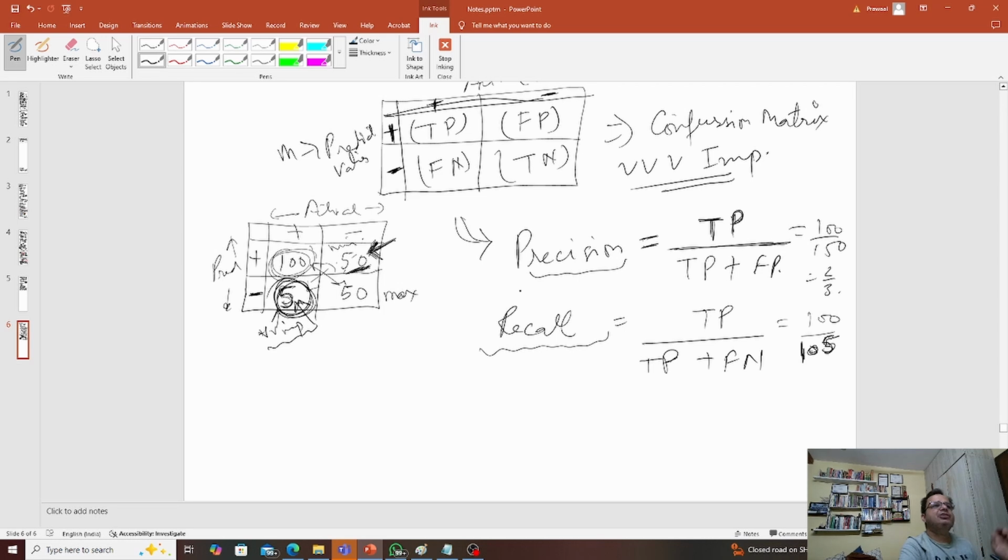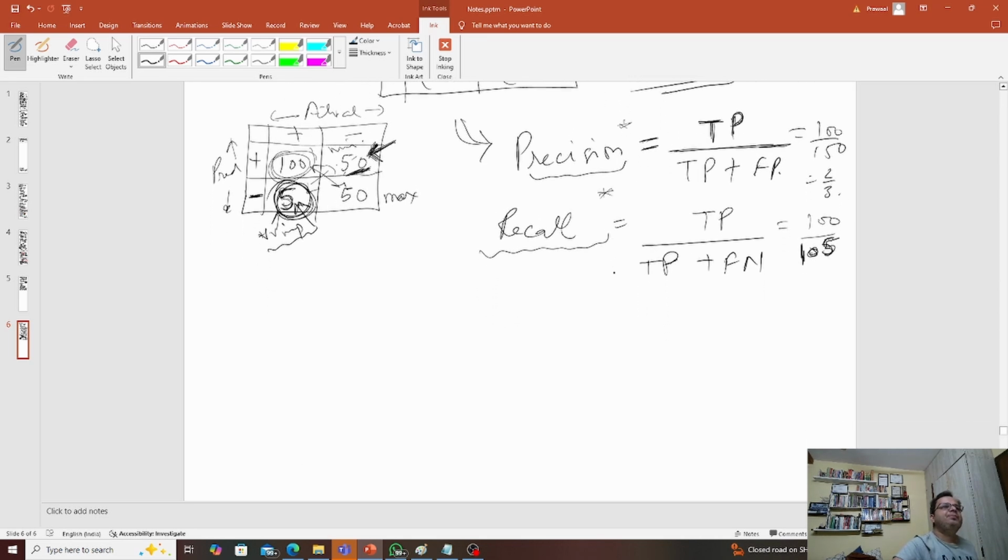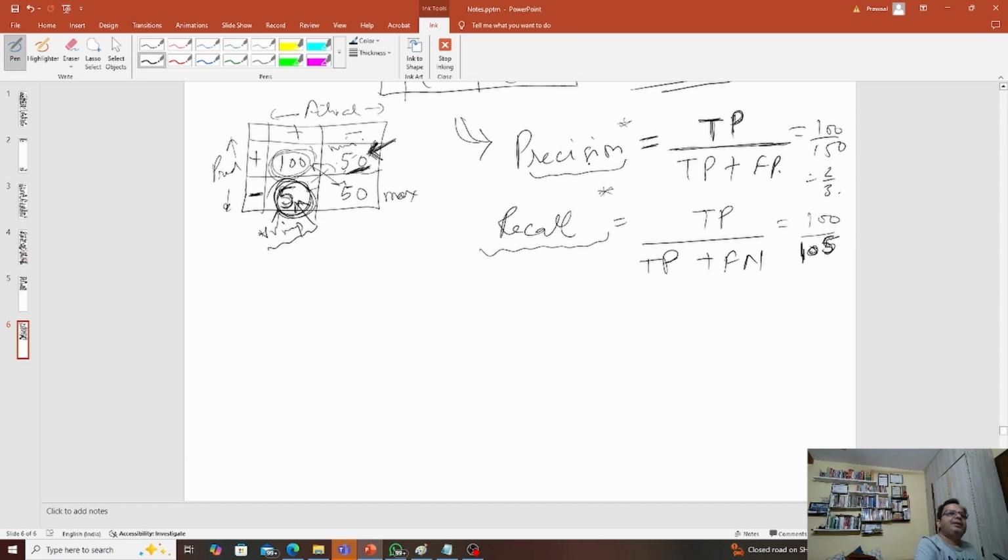Now the interviewer may ask you in what scenarios precision needs to be considered and in what cases recall needs to be considered, etc. That depends on the scenario. When you cannot afford to make mistakes with respect to marking a value as a false negative, like in cancer diagnosis, recall is more important.